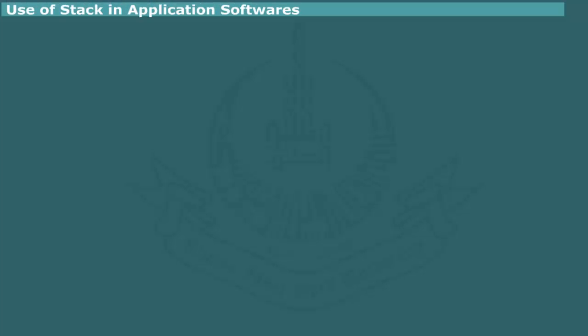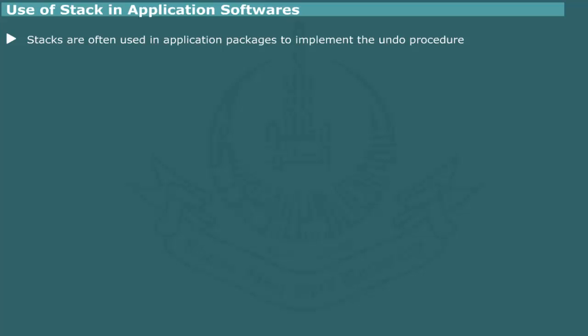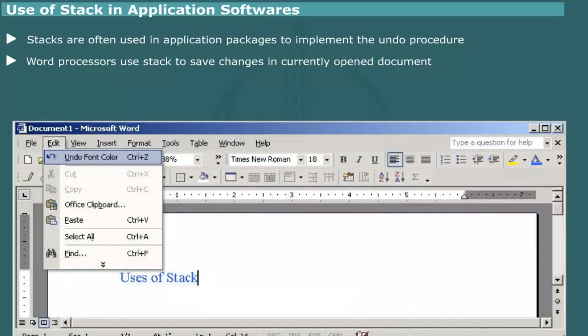Use of stack in application software. Stacks are commonly used in the implementation of several application packages. Current-generation desktop applications such as word processing, spreadsheets, graphics, and image processing include a feature to cancel any previous processing steps.